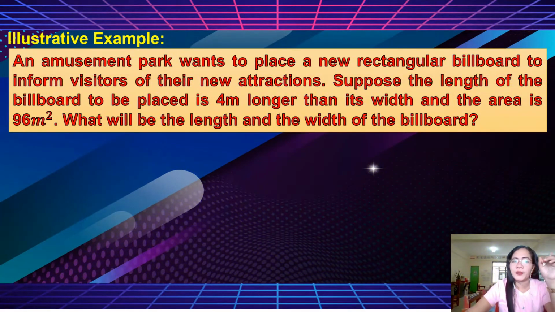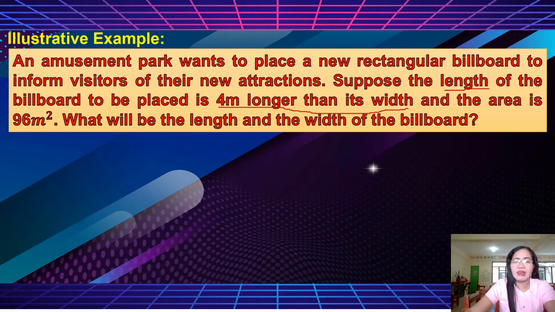Before solving a problem, we must understand the problem first. We are trying to identify its givens. In this problem, our given is the length, which is 4 meters longer than its width.